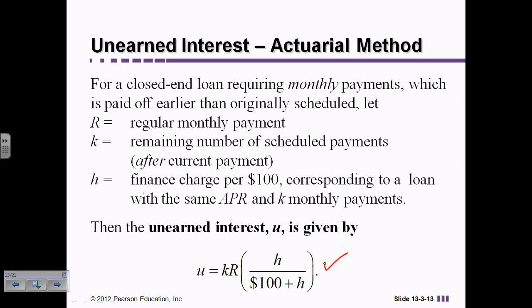If it's a 48-month loan and you paid it off after 2 years, there are 24 payments left. R is your regular monthly payment. H is the finance charge per $100 that you get out of the chart on page 707 again. And U would be the unearned interest.